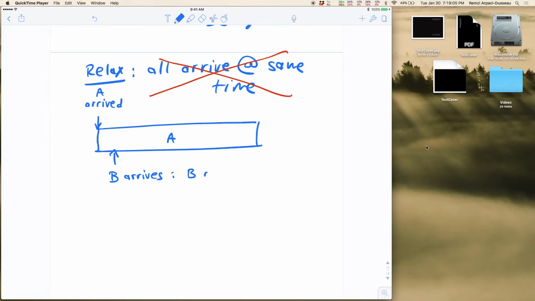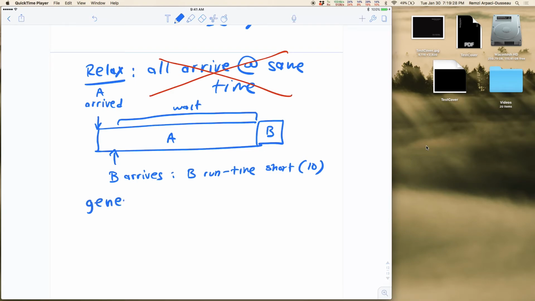And B's runtime is short. Let's say it's 10. So if we just went with our existing schedule, we'd punt B out to here, and you could see that this huge amount of time would be spent waiting, and then it would run later, and the system wouldn't feel that responsive. So it's a generalization.